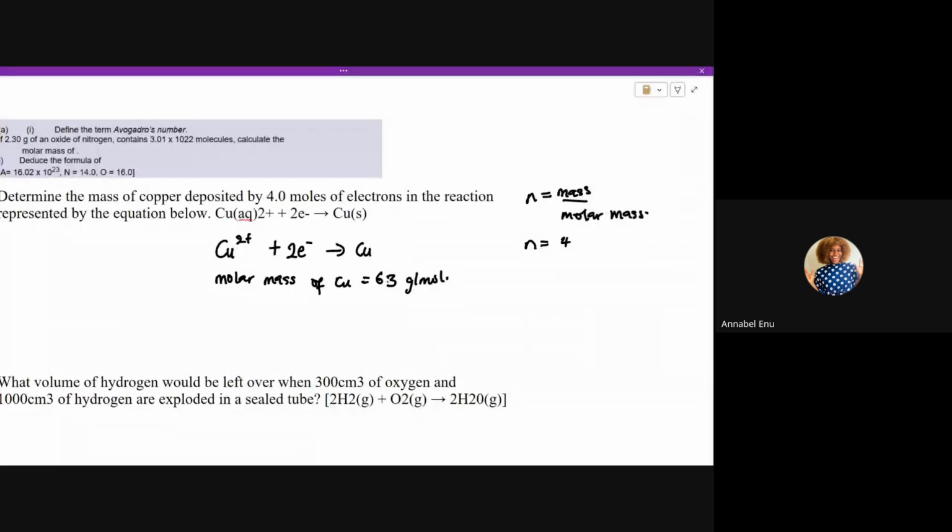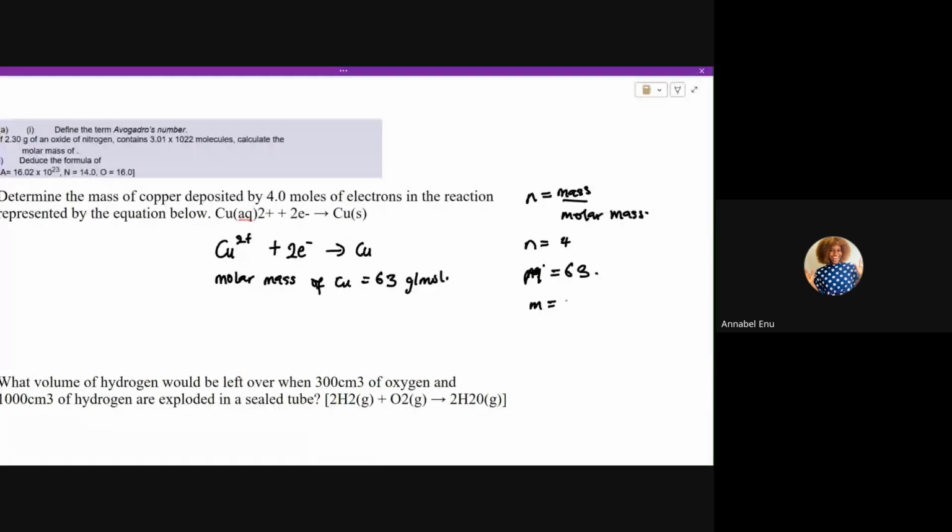We're actually looking for the mass, not the number of moles. Determine the mass of copper deposited by 4 moles of electrons represented by the equation below. Our molar mass, or capital M, is equal to 63.